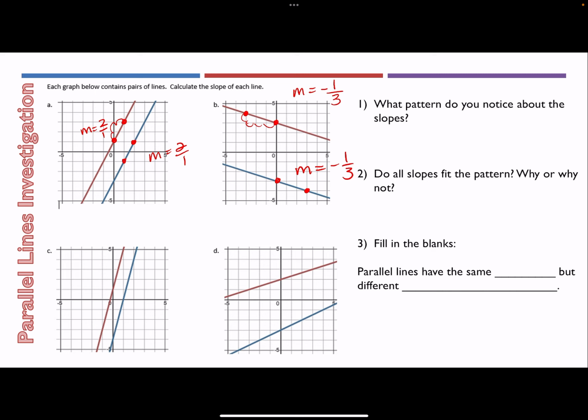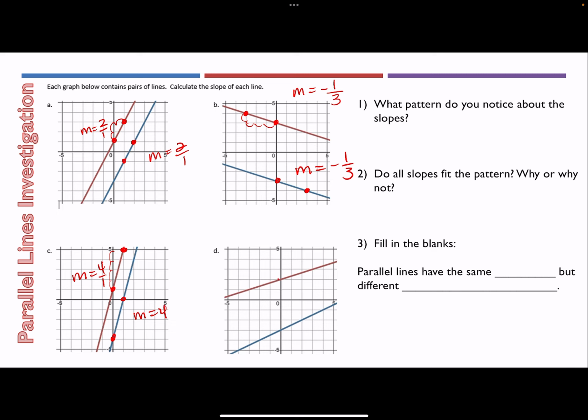And then hopefully you're noticing this pattern. In letter C, I'm going to just pick this point and this point. So this slope is positive 1, 2, 3, 4 over 1, or in other words, just 4. And the same thing for the slope in the blue line.